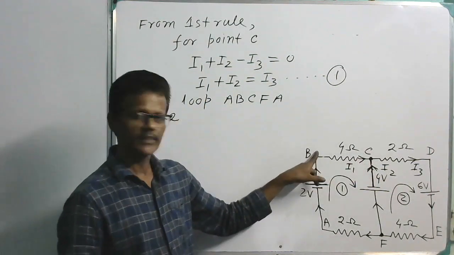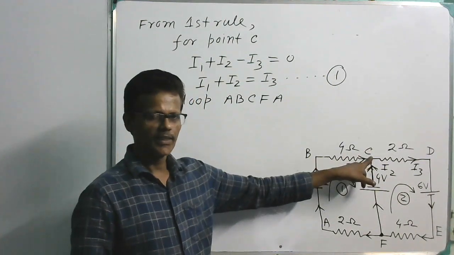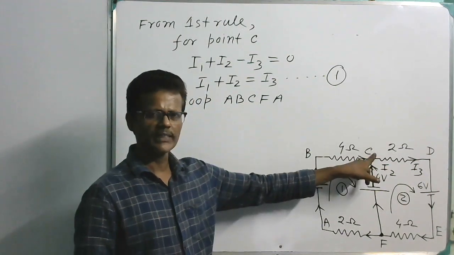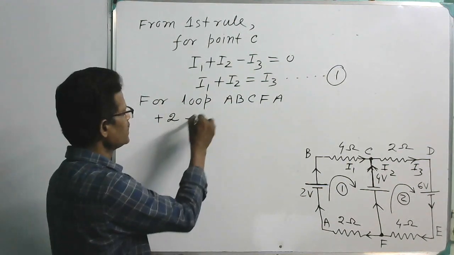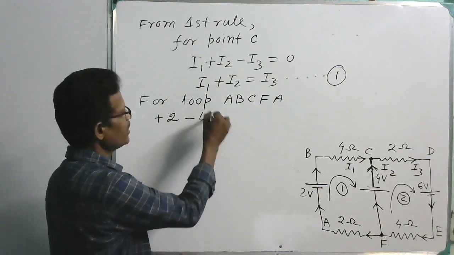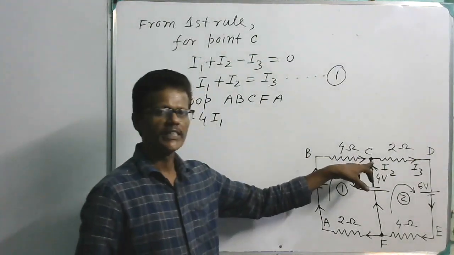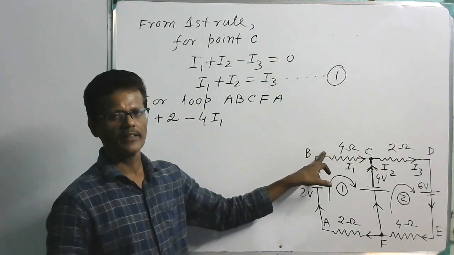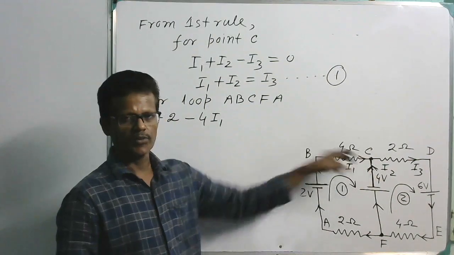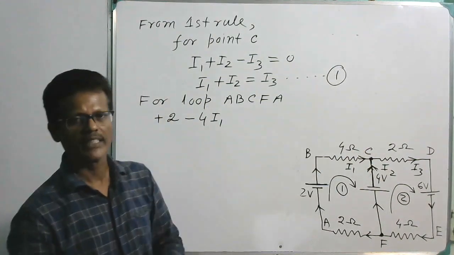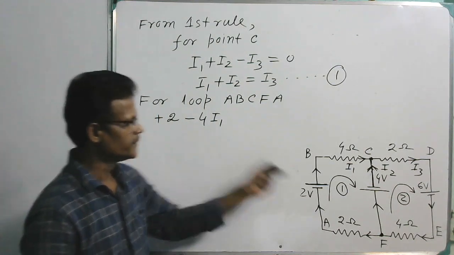B is the higher potential point and C is lower, so higher to lower movement is a negative term, -4I1, because you are moving in the direction of decreasing potential.